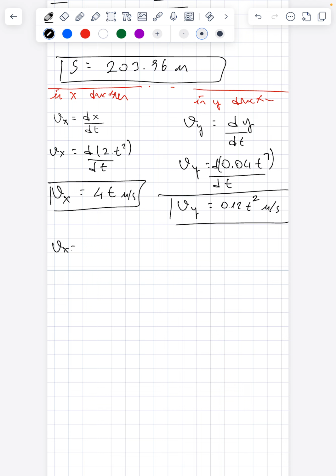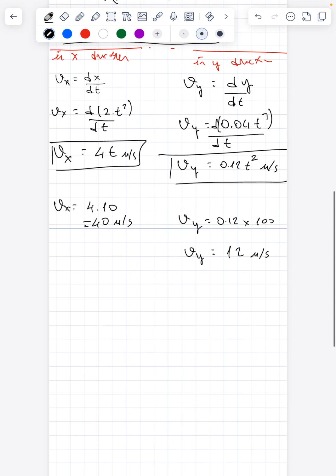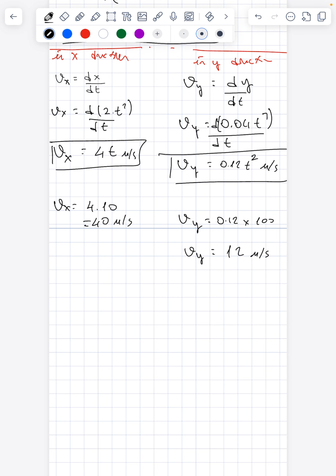So vx is equal to 4 times 10, which is 40 meters per second. And vy is 0.12 times 100, and it's equal to 12 meters per second. So I have the x component and y component of v.